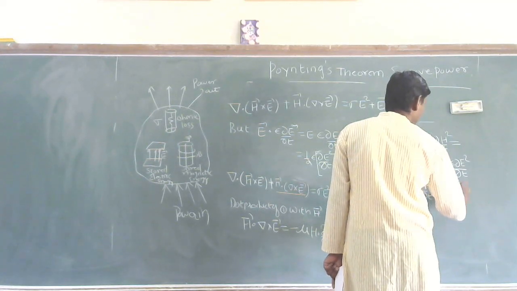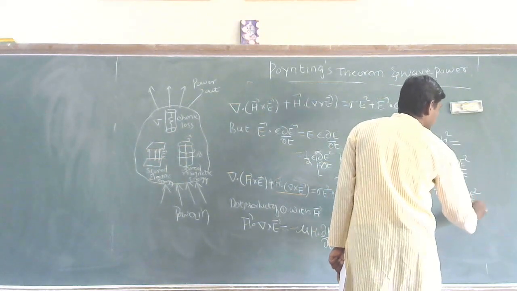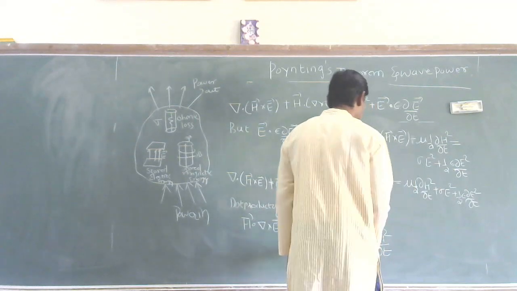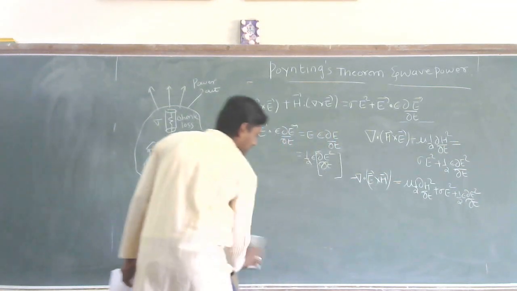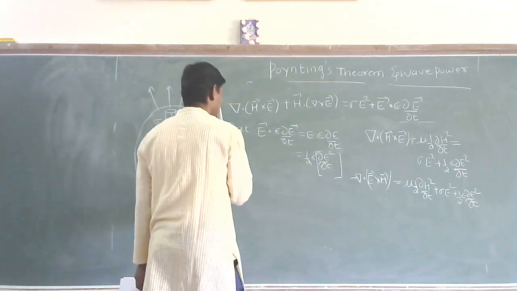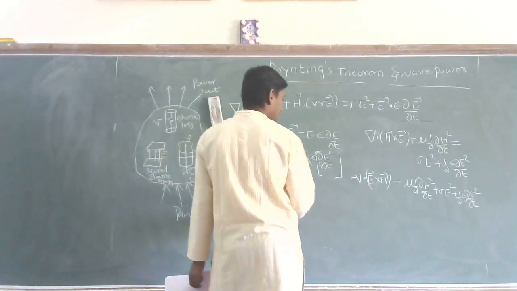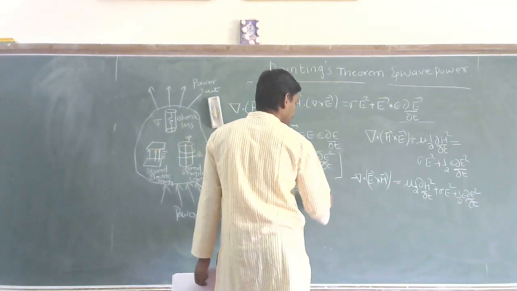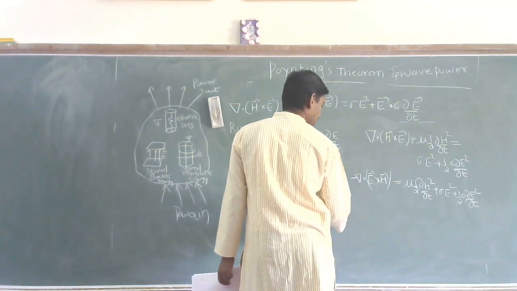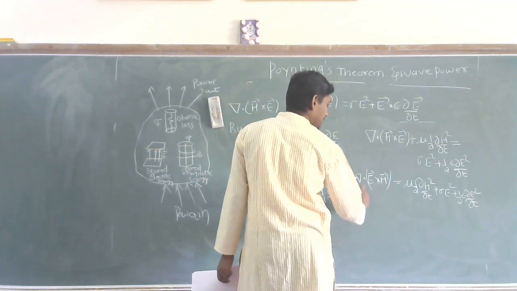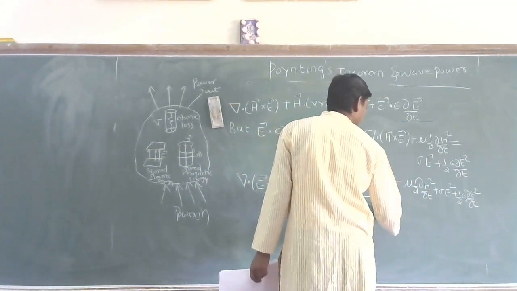Taking this minus this side, I can write the whole thing as del dot (E cross H) is equal to minus mu 1 by 2 dou H square by dou t minus sigma times E square minus 1 by 2 epsilon dou E square by dou t.